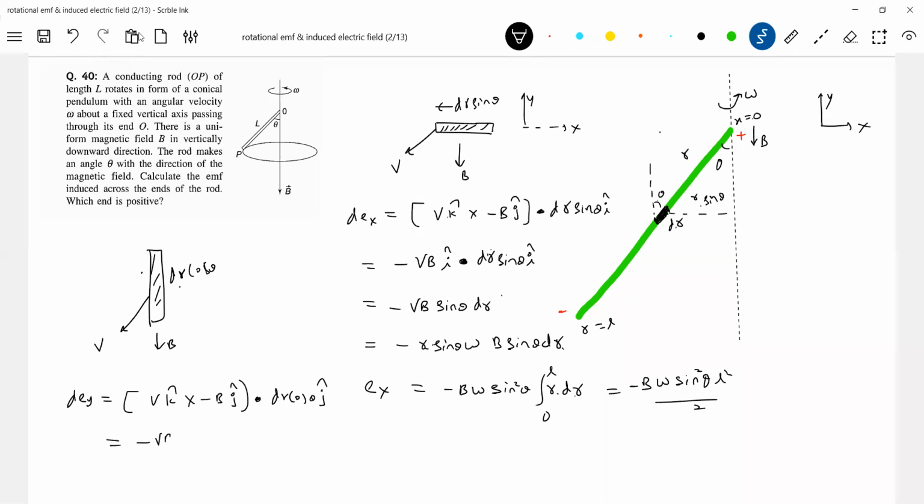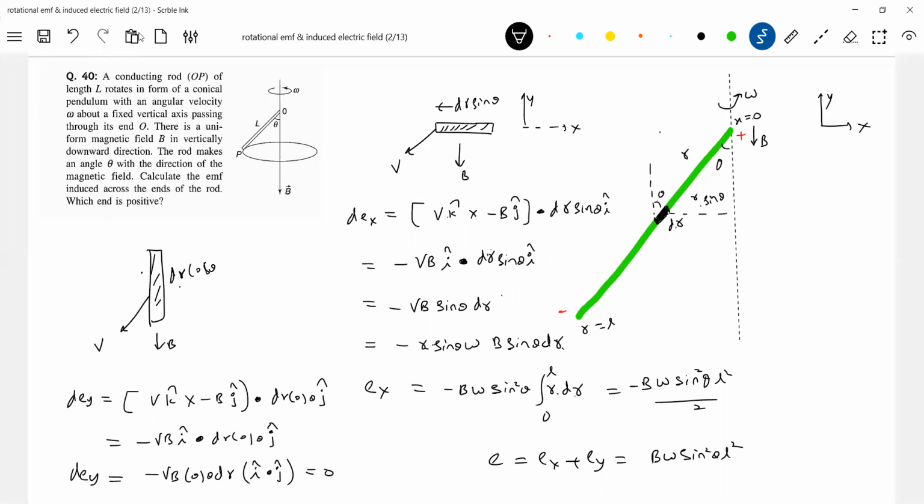So this should be minus vB i cap dot j cap, and i dot j should be 0, minus vB cos theta dr. So no EMF will be induced due to dE_y. Therefore this should be our answer. Total EMF equal to E_x plus E_y. Magnitude: B omega sin square theta L square by 2.